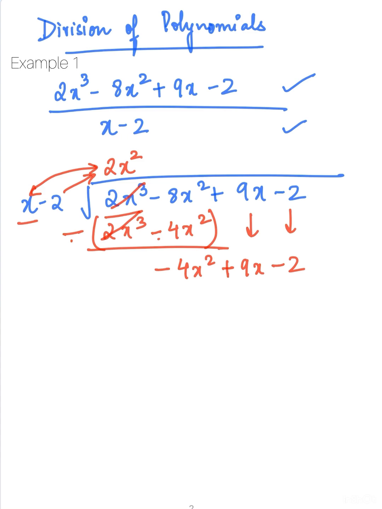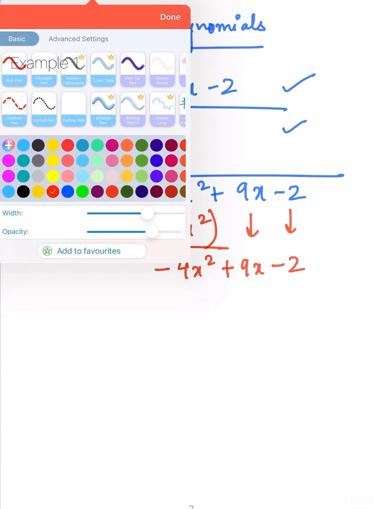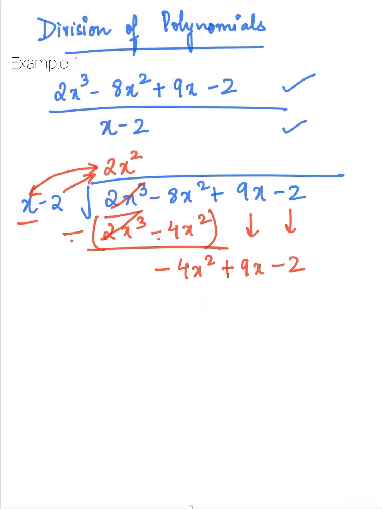Let me change the color. Now I'm going to think about x and the first term, which is negative 4x squared. Similar to what I was thinking earlier, I'm going to see what needs to multiply with x so that I get negative 4x squared. Again, the coefficient is easy: minus 4, and the degree has to be 2.